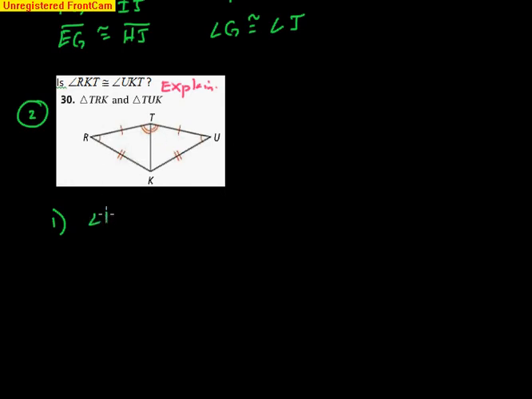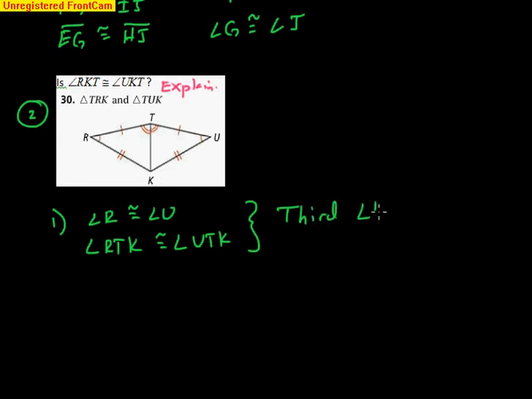I know that angle R is congruent to angle U, and I know that angle RTK is congruent to angle UTK. You know that 2 of the 3 angles are congruent, so we know this thing called the third angles theorem.